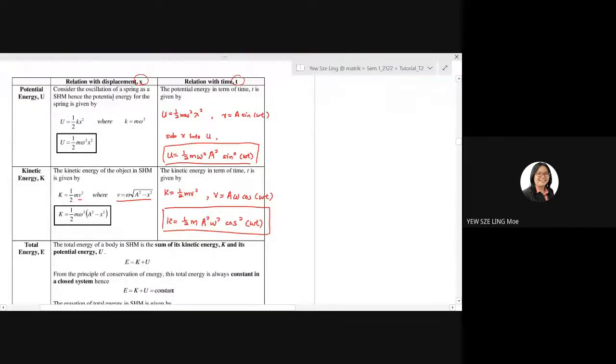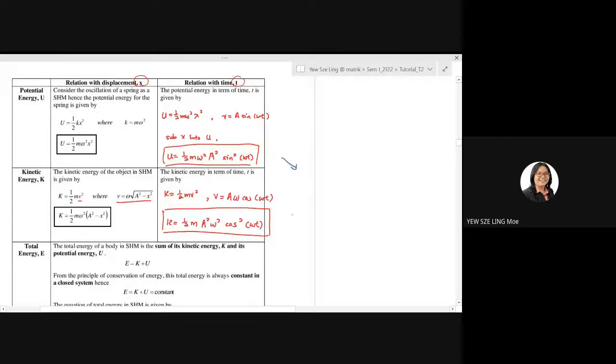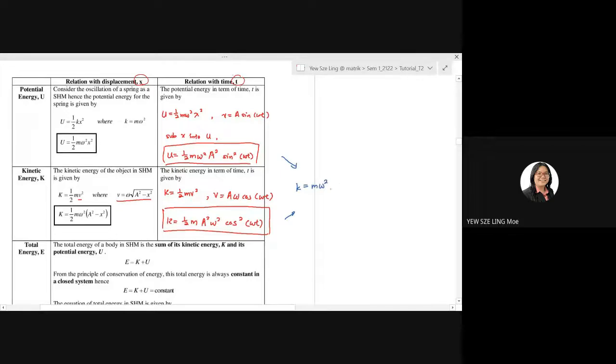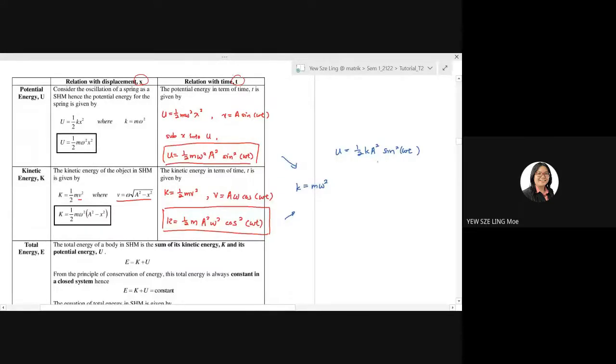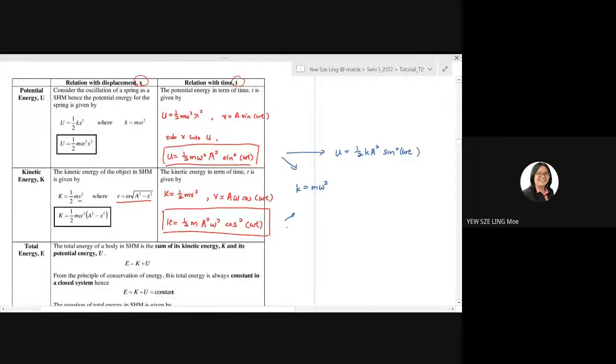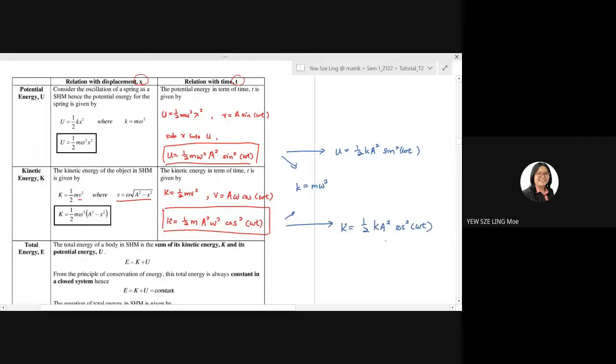So remember, K equals m omega squared, which means these two equations can be written as U equals 1 over 2 K A squared sine squared omega t, whereas for kinetic energy it can be written as 1 over 2 K A squared cos squared omega t, where K is the spring constant.